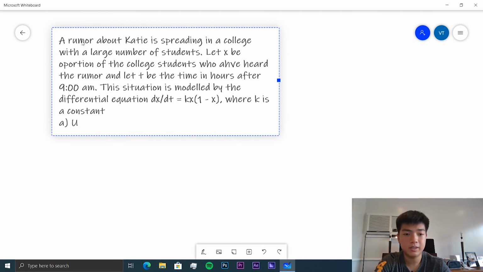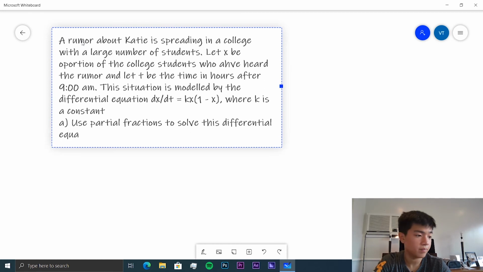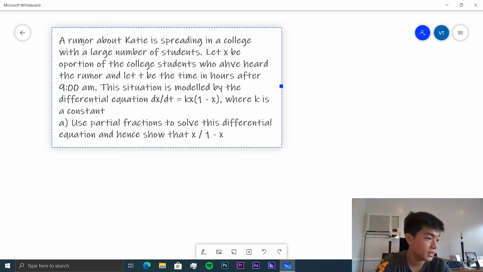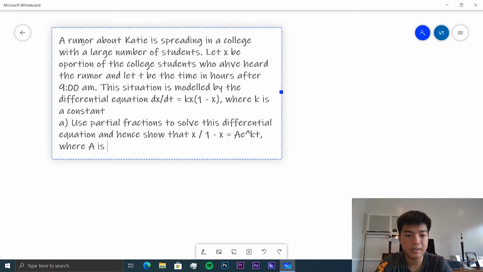So first, use partial fractions to solve this differential equation, and hence show that x over (1 minus x) is equal to a e to the kt, where a is a constant.